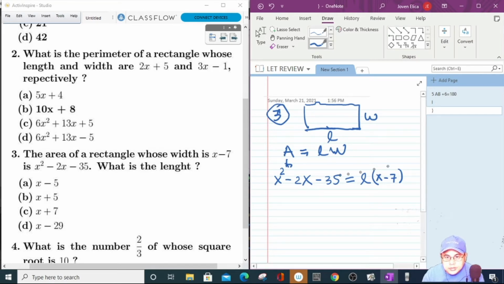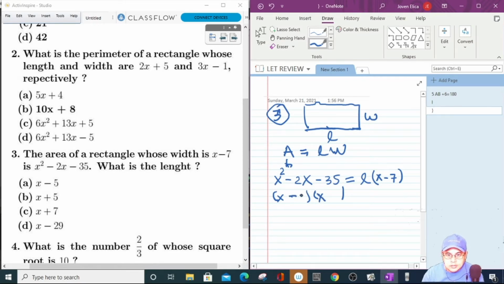So first, we need to apply factoring so that the possible cancellation will be applied. So factoring out this equation, we can factor it as x, and what are the factors of 35?